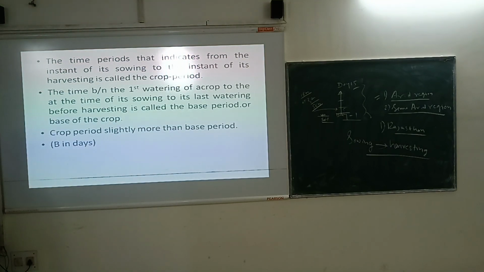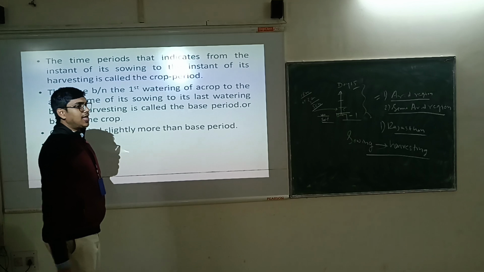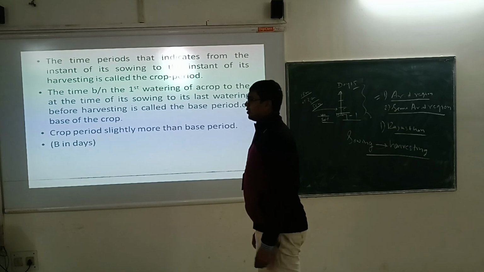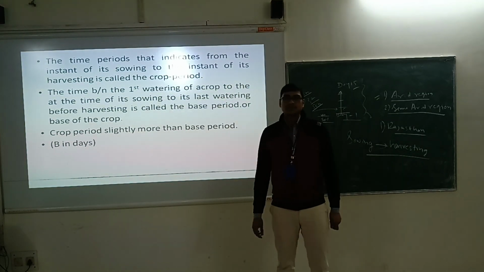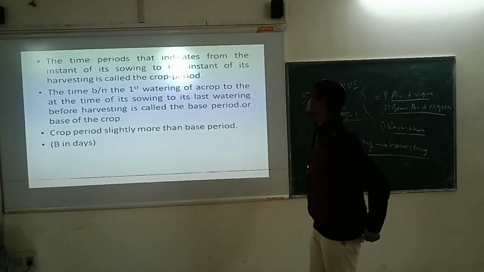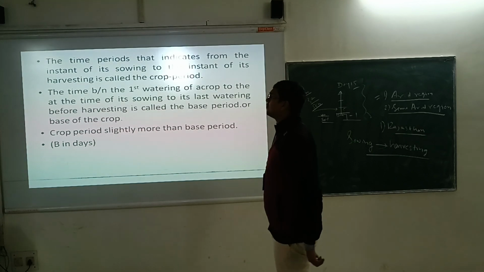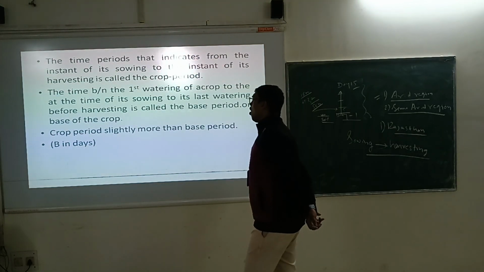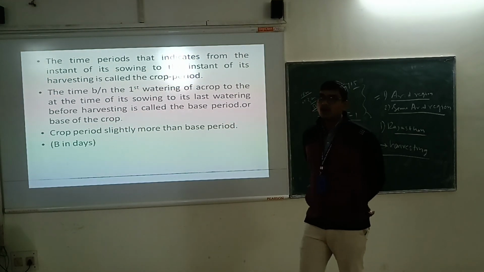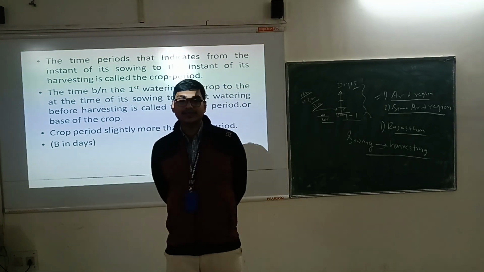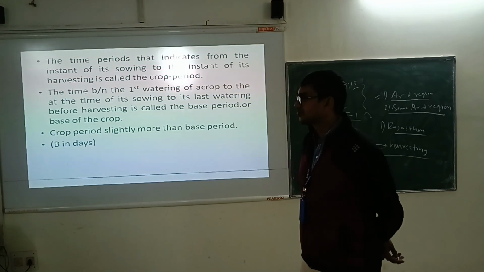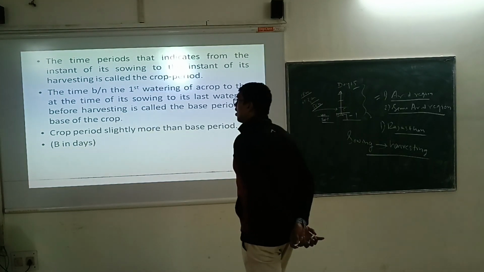So now write down the time period that indicates from the instant of its sowing to the instant of its harvesting is called the crop period.